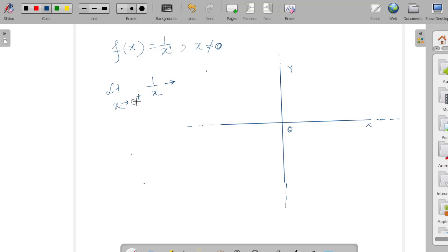As x is approaching towards 0 plus, we are saying that our function is increasing without bound, and it is getting up like this.